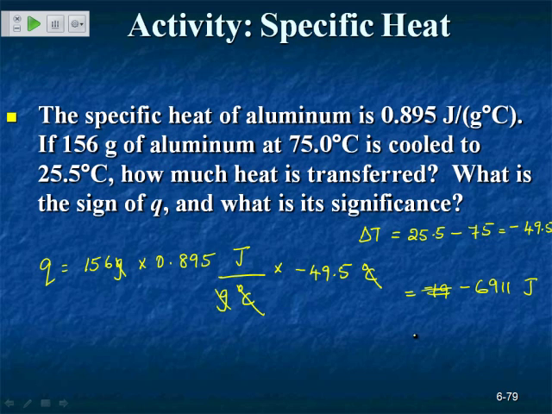Well, let's look at the significant figures. How many do we need? Well, we need 3 sig figs only. So we want negative 6.91 times 10 to the power 3.